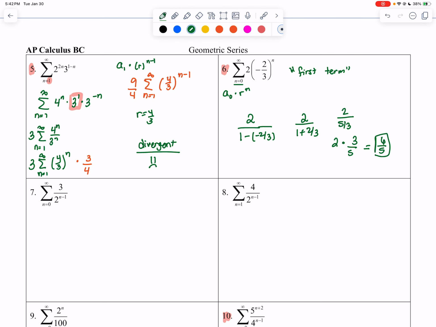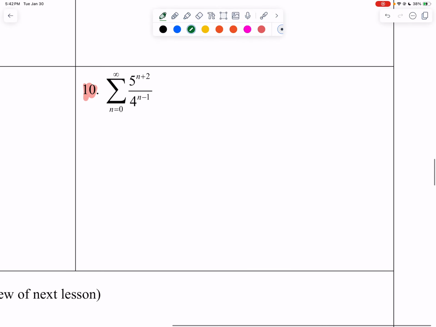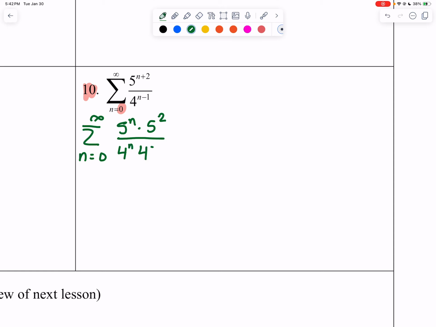All right. Same thing for number 10 right here. Because I have a 0 right here, I want to make sure that this is an n and this is an n. So what I'm going to do is split this up so that I have 5 to the n, 5 squared, 4 to the n, 4 to the negative 1.